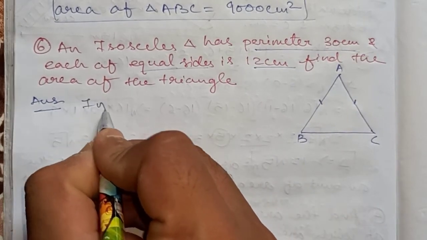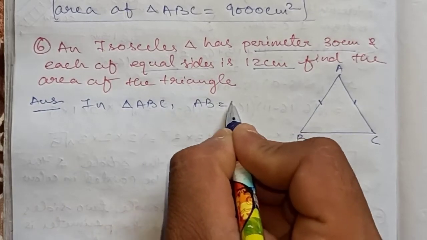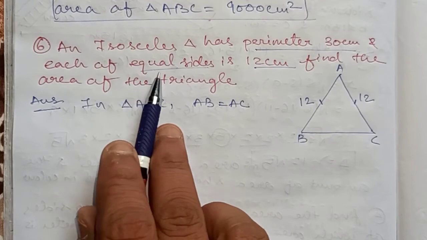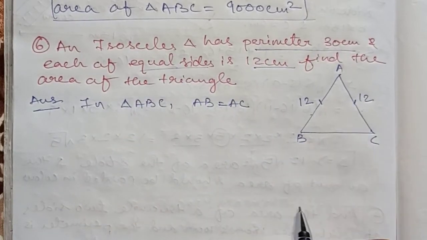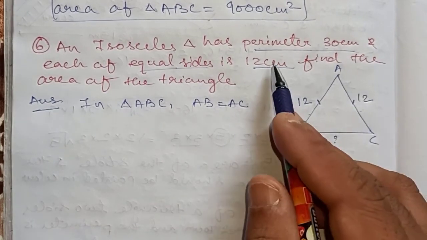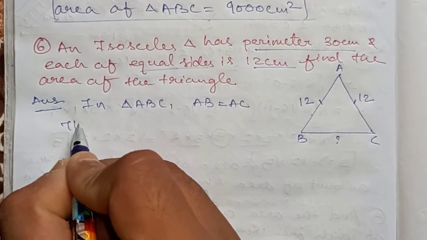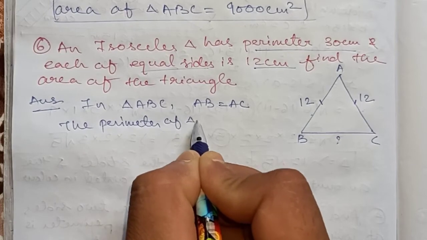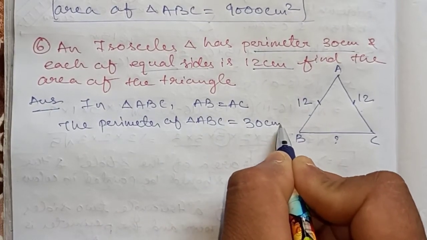Here in triangle ABC, AB equals AC I am taking. That means both the sides are equal because it is given each of equal sides is 12 centimeter. Third side we don't have, but the perimeter of the triangle is given in the question. So the perimeter of triangle ABC is 30 centimeter.